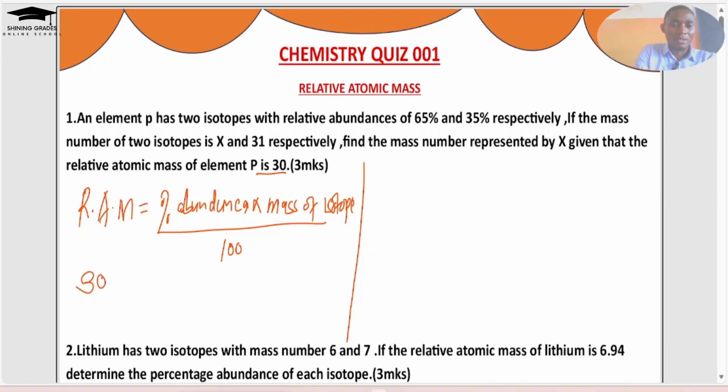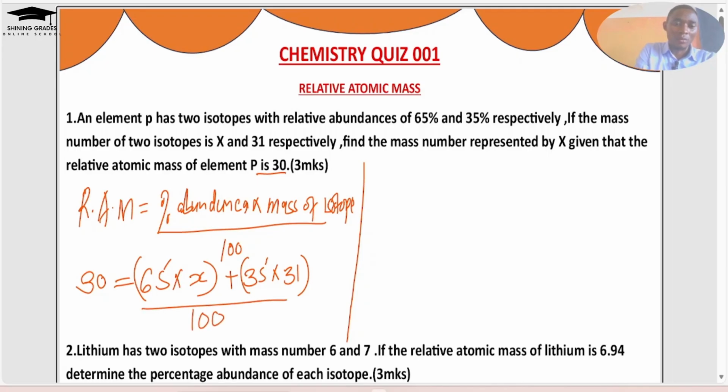So we have 30 is equals to the percentage abundance of isotope X, 65, multiplied by X, plus another isotope, 35 multiplied by 31, and you divide this by 100.